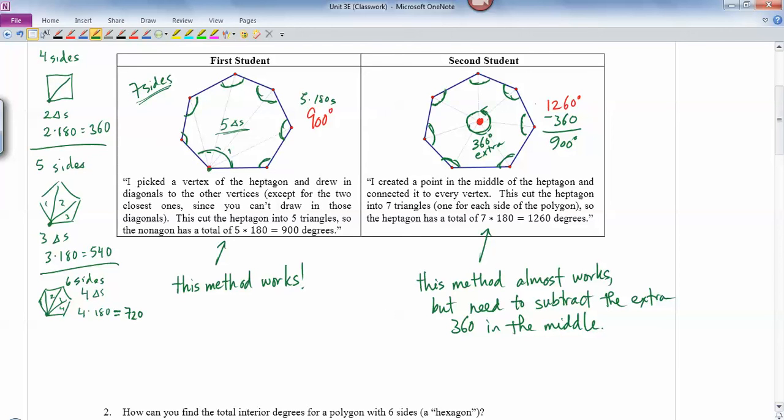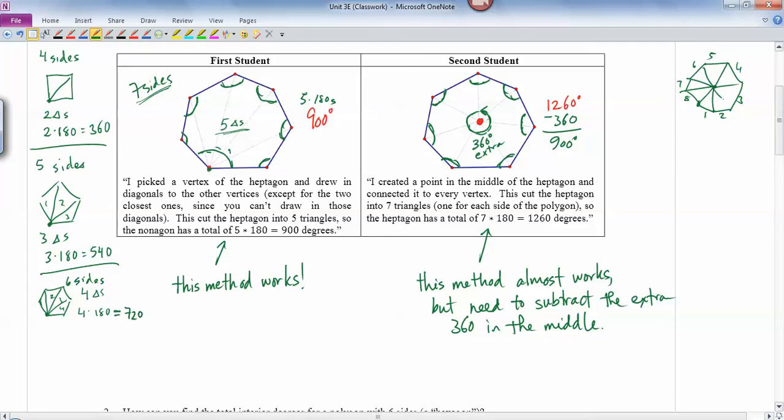Over here, this one's a little bit easier. If I had, let's say, 8 sides, and I start from the middle, every side ends up being part of a triangle.